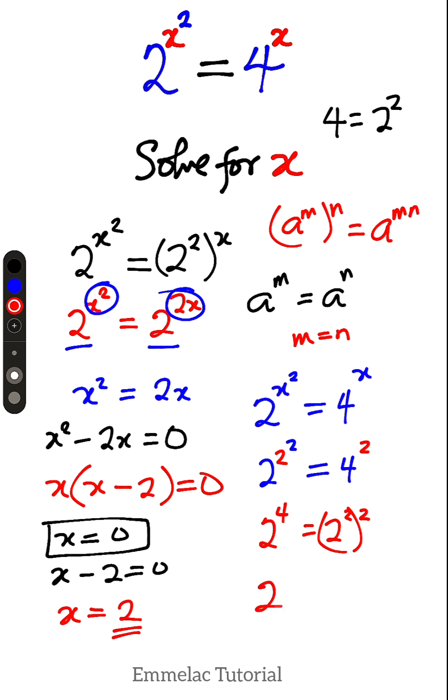So we get 2 raised to 4 equals 2 raised to 4. So it means the two solutions that satisfy the equation above are x equals 0 and x equals 2.